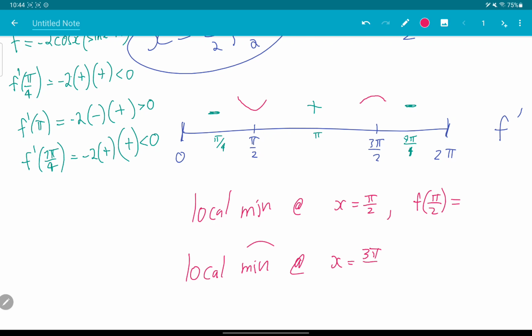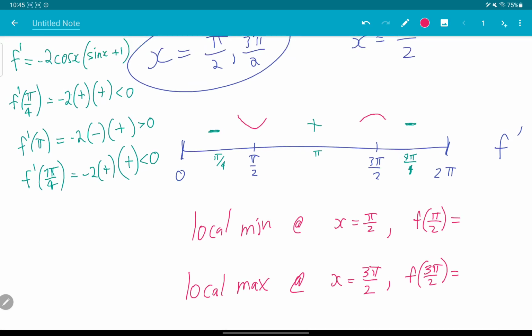Nope, sorry. Mistake there. Local max here, 3 pi over 2. And I should calculate the value of f at 3 pi over 2.